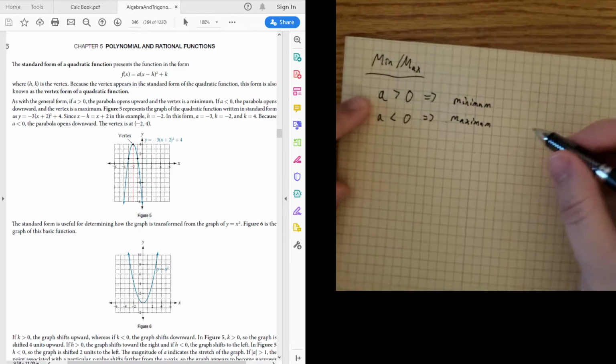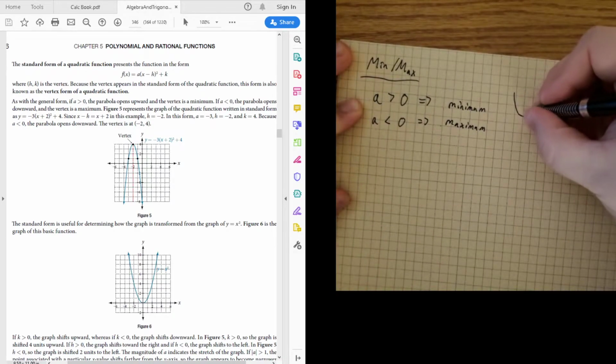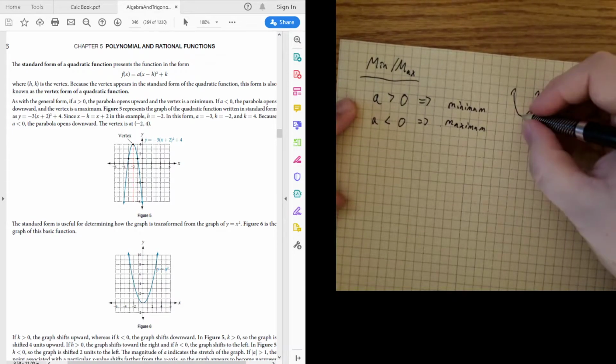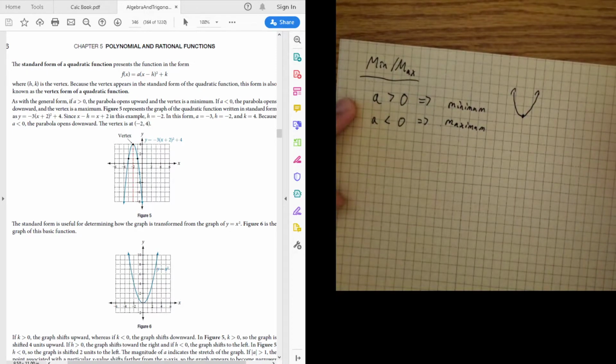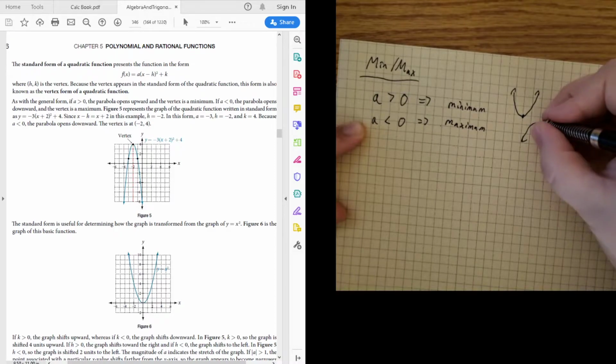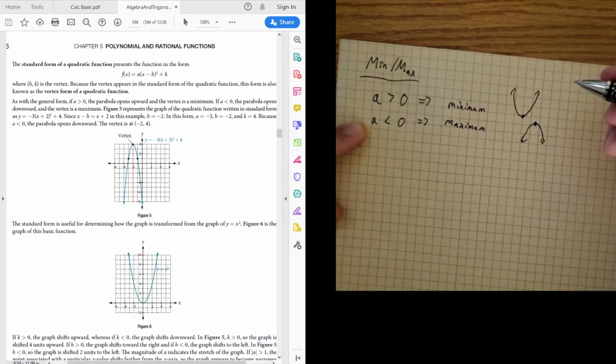This is because if the a is bigger than 0, it means that for the graph, your parabola is opening upwards. And because it is opening upwards, it will have a minimum value. If the a value is less than 0, that indicates it is opening downwards. And if it's opening downwards, that means it will have a maximum value.